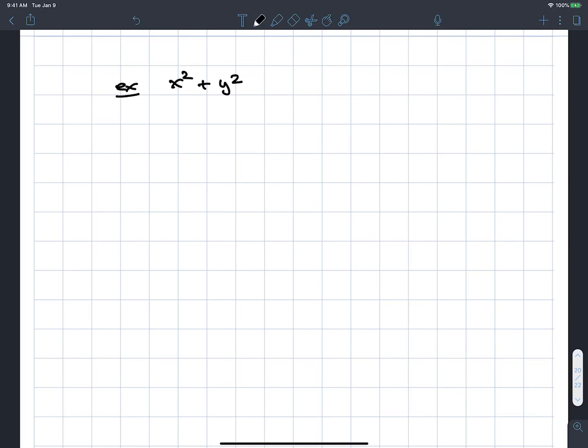x squared plus y squared plus 6x plus 4y plus 12 is 0. So if we have to graph this again, and we look at it and we say, oh, okay, what is this?